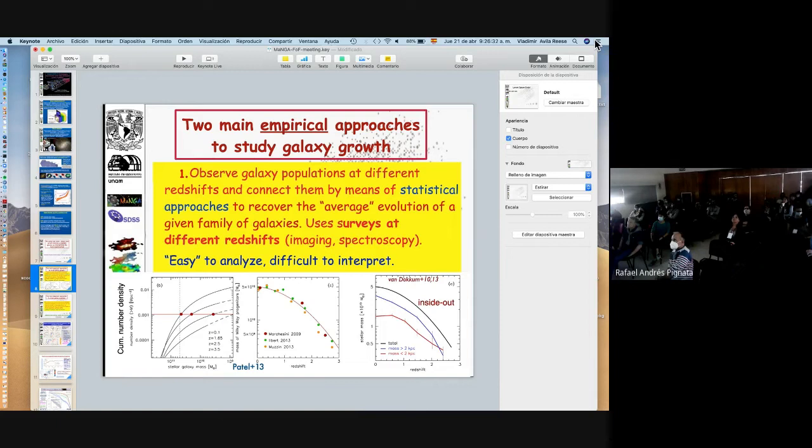The typical approach to study galaxy evolution is using galaxy populations observed at different redshifts and connecting them by means of a statistical approach to recover average properties. For example, here in the lower panel, you have the cumulative mass function at different redshifts.